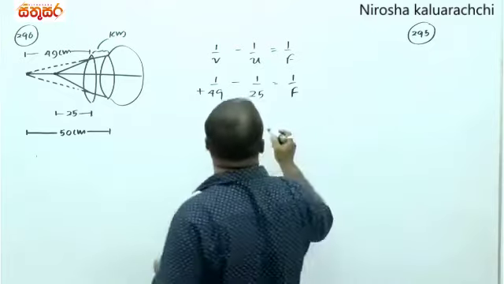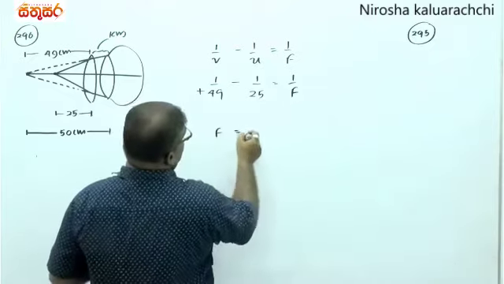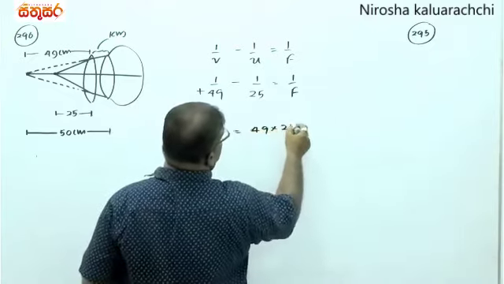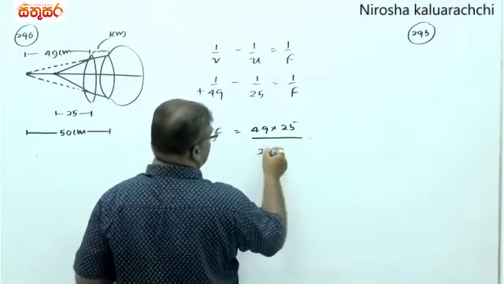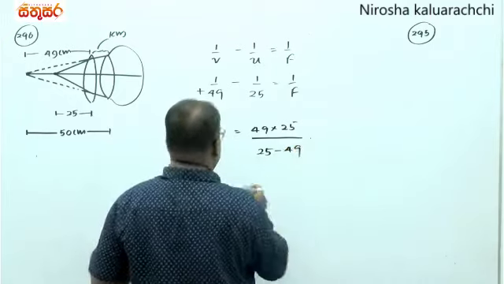Right, then F becomes 49 into 25 over 25 minus 49, right?